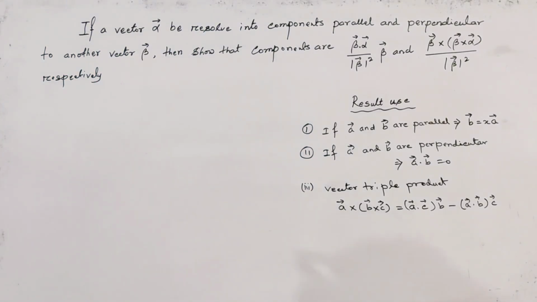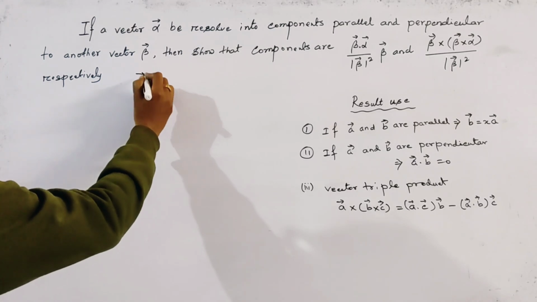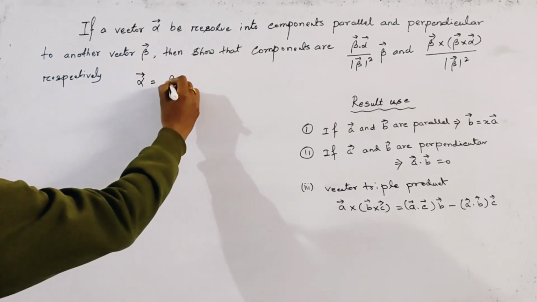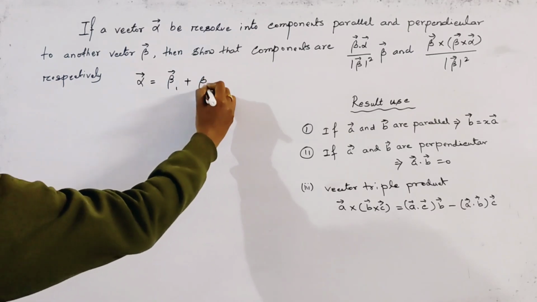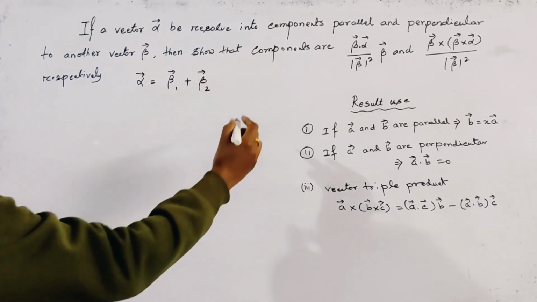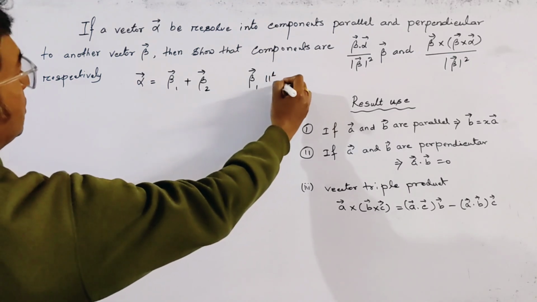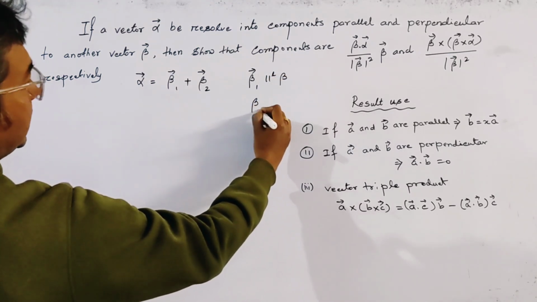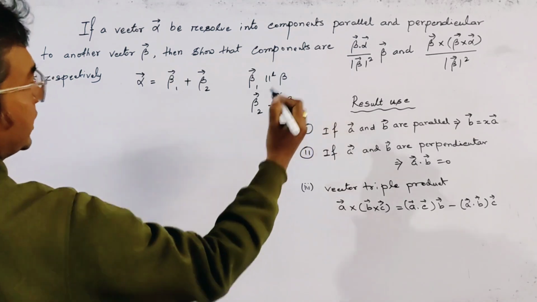Now first write the vector alpha into two components. Let the first component be beta 1 and the second component be beta 2, where beta 1 is parallel to beta and beta 2 is perpendicular to beta.